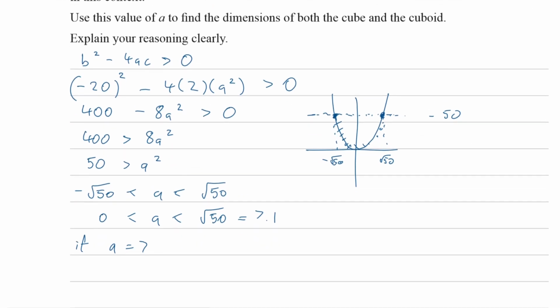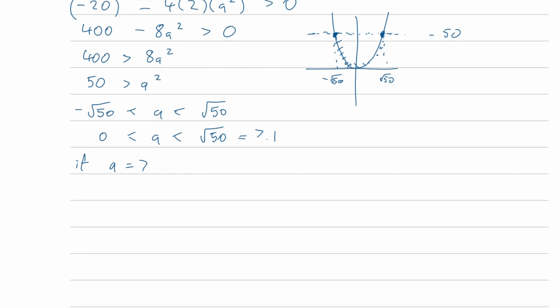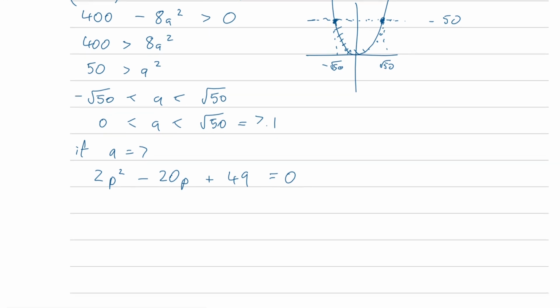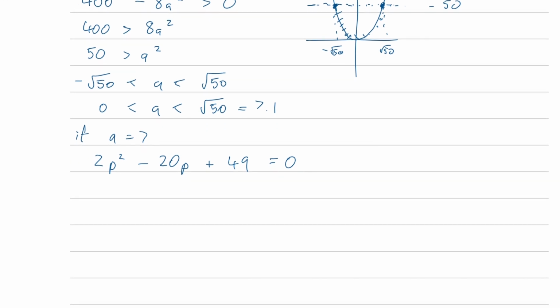So we have 2p squared minus 20p plus a squared, right, where a squared in this case will be 49, equals 0. I won't bore you with solving this, so just use polysolve on your calculator, and we find p equals 5.707 or 4.293.